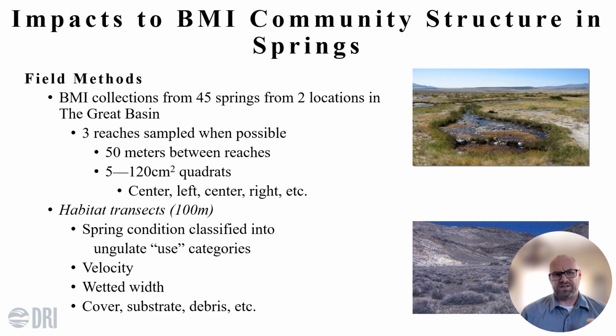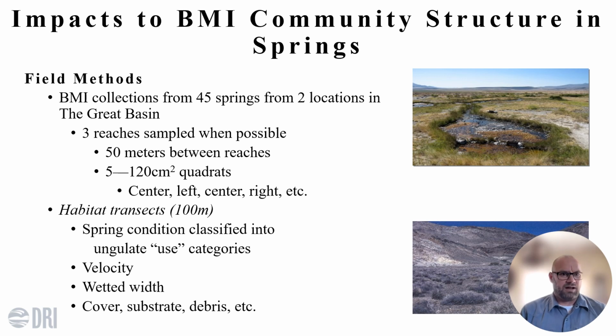When possible, we sampled at the source of the spring, 50 meters below the spring source, which we called the middle, and then another 50 meters below that, which we called the lower end. Even if it extended past that 100 meters, we only collected those 3 samples at those 3 locations. We collected 5 samples at each location and then compiled them.